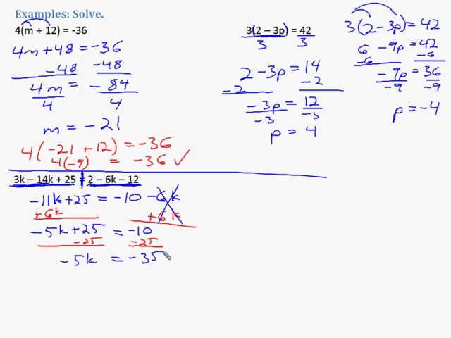And then finishing it off, we can divide both sides by negative 5. And when we divide by negative 5, we get k is equal to 7, because negative 35 divided by negative 5 is a positive 7. And again, we could go ahead and check that solution by plugging it back into the original, and it will work out correctly. The left side would equal the right side.